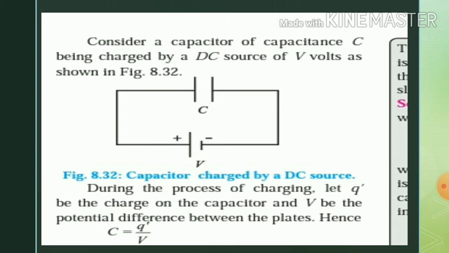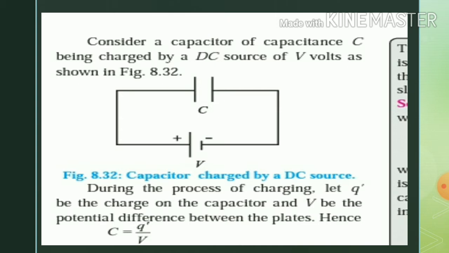In the process of charging, let Q dash be the charge stored in the two plates, that is the first and second plate of capacitor C. At that time, the corresponding potential applied is V.